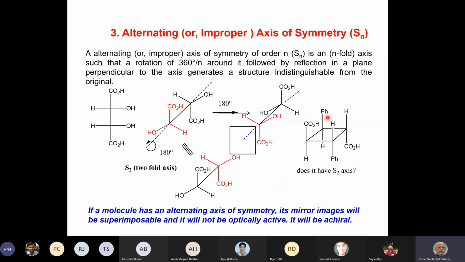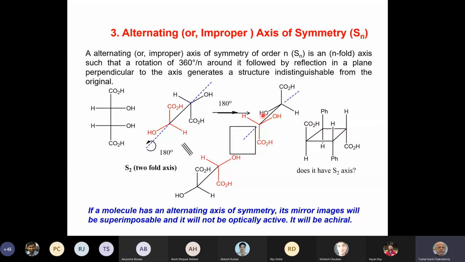The third one we talked about is a little confusing sometimes, but if you practice it, you will get to know it. We have drawn a tartaric acid structure as shown here. Carboxylic group up here, carboxylic group down here, and pass an axis through this C-C bond and rotate it by 180 degrees. Sometimes it depends on what angle you rotate it, and it can be 90 degrees, and then it will be called an S4 axis of symmetry.